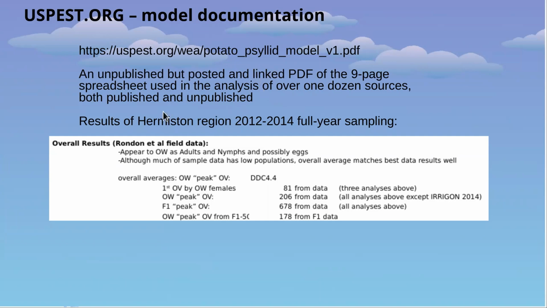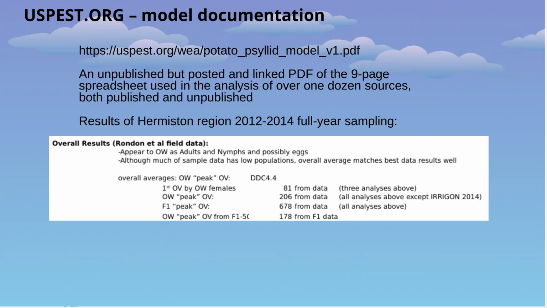And it includes unpublished sources like the interview with Andy Jensen, and also the data from Hermiston that Sylvia Rondon and collaborators collected from the field. And so basically their results showed that there were nymphs and adults on these wild hosts all year long. So January, February, middle of winter, they were finding adults and nymphs.